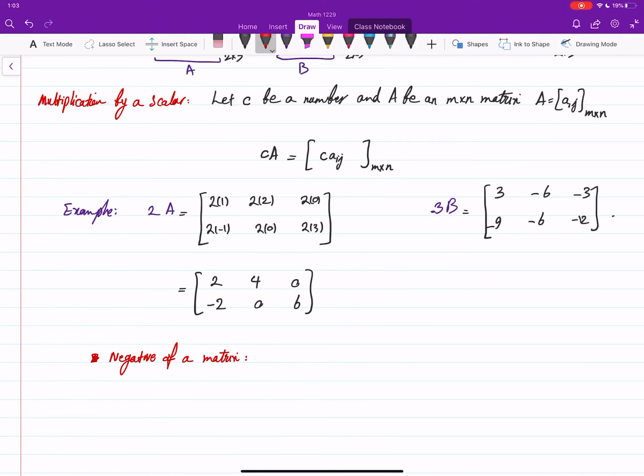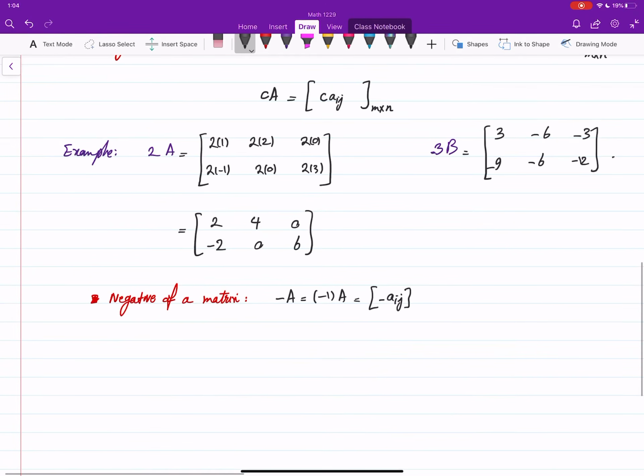So when you say negative of a matrix, what you mean is that negative 1 multiplied to A. In other words, if entries of A are a_ij, you multiply all the entries by the negative sign. And when you have negative sign defined, right away you can do the subtraction of matrices. So matrix subtraction.